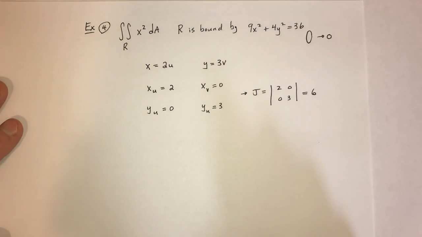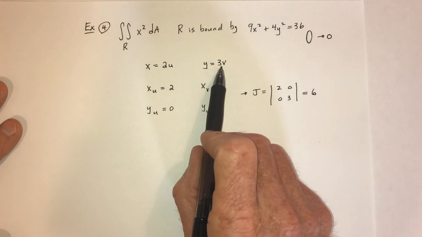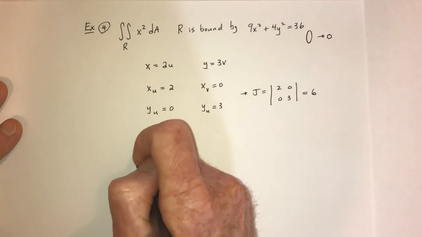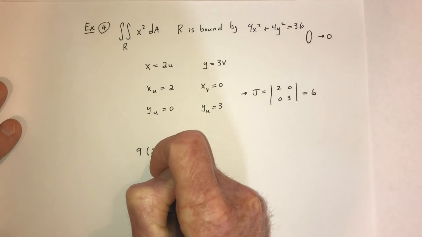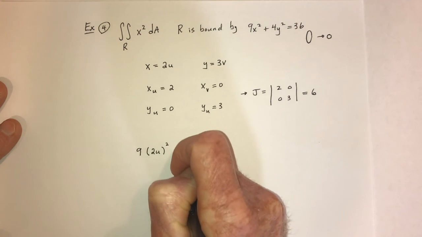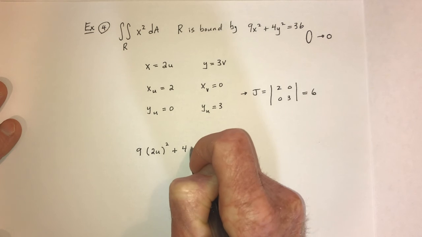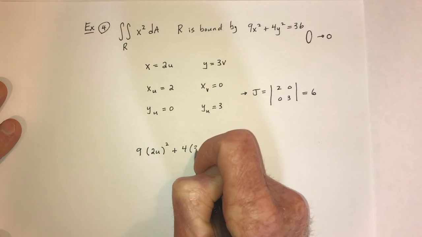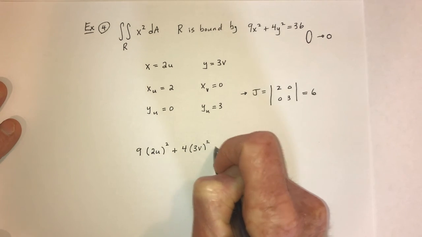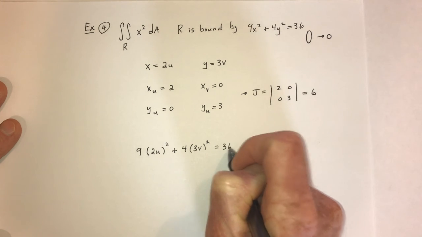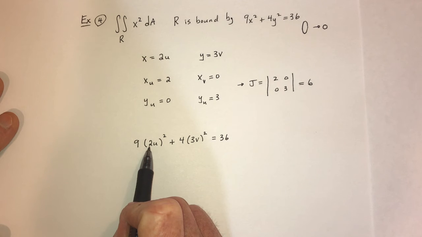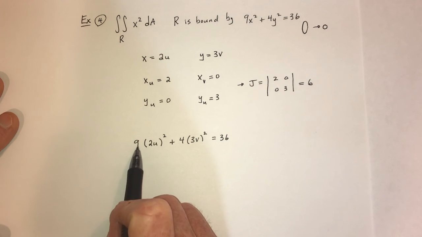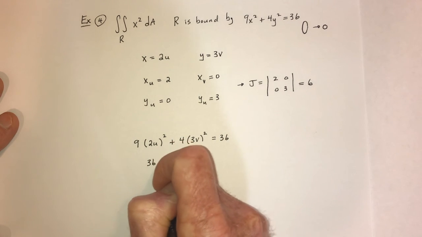Now what happens to the boundary? So directly just make the substitution. So it's going to be 9, and then x gets replaced with 2u, that gets squared, plus 4, and then y gets replaced with 3v, and then that gets squared, and it equals 36. So this would be 4u squared times 9 makes it 36u squared.